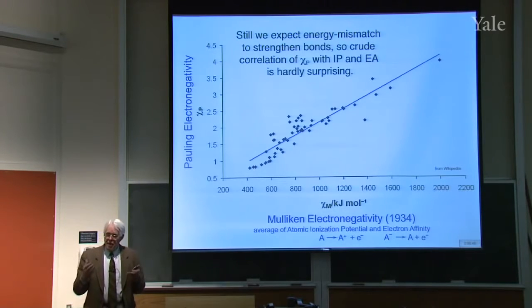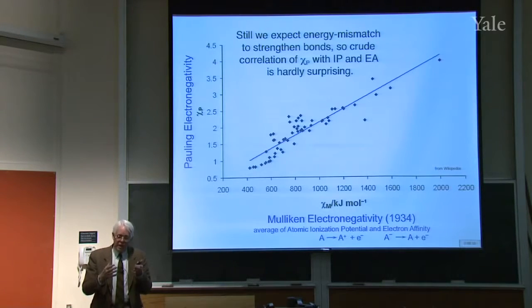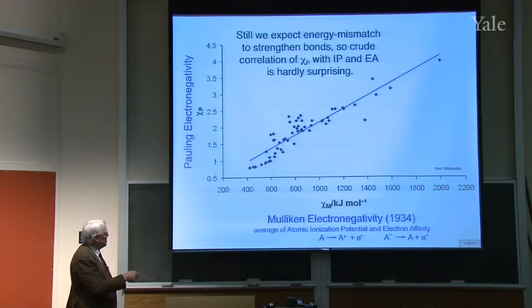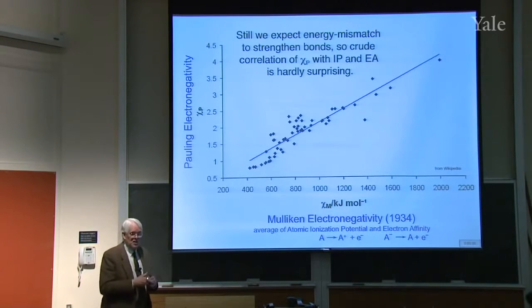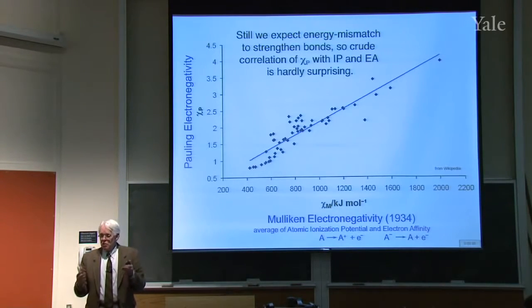Both of those things are measures of orbital energy. And that's what's called Mulliken's electronegativity scale, which he published 2 years later in 1934, the average of ionization potential and electron affinity.